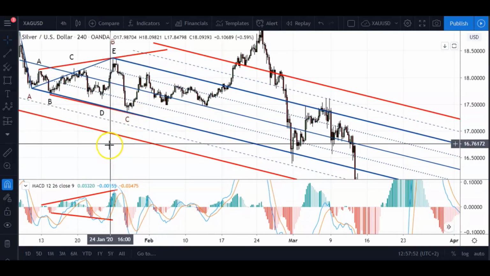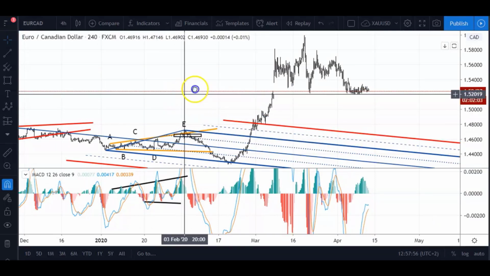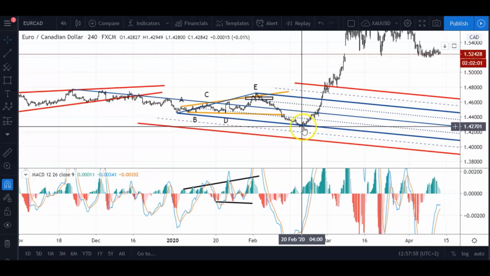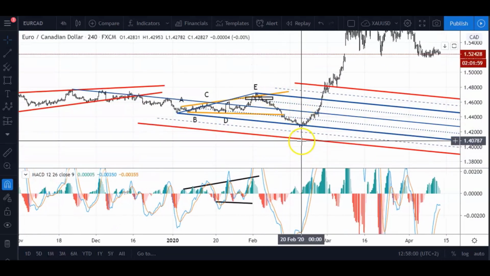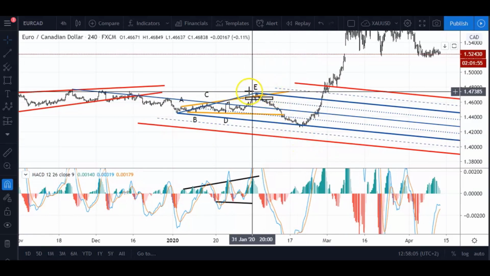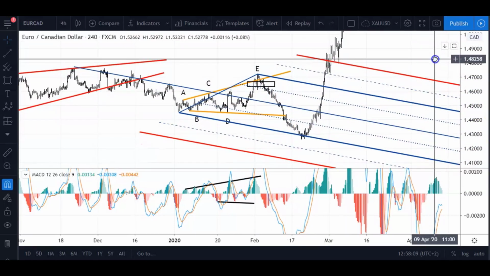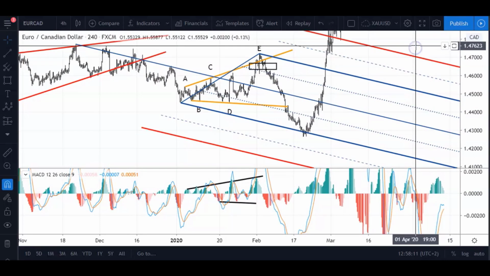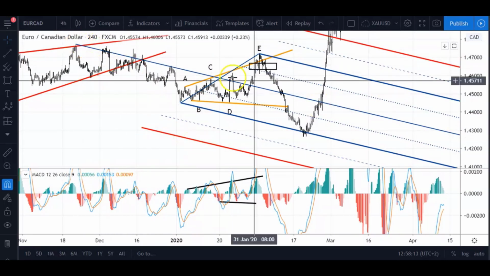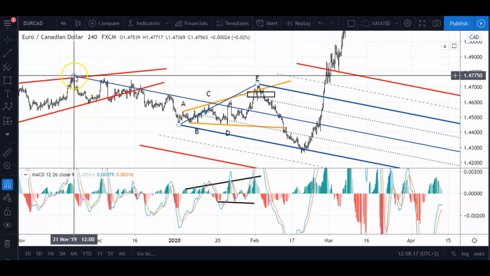In this case, it was just a correction, a triangle as part of a correction. On the Euro CAD, lower median line, I know we also used a shift, and that caught the lower red warning line of a shift pitchfork. If you were able to get into E-waves, these are great places to place your targets, as long as you use the correct pivots or anchor points when you use your pitchfork.